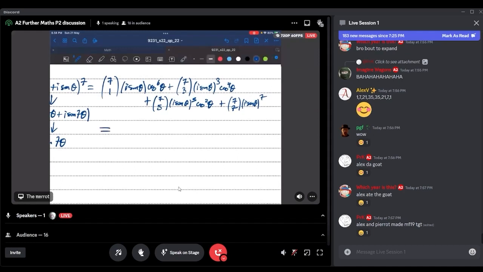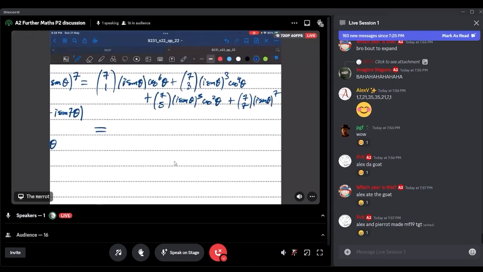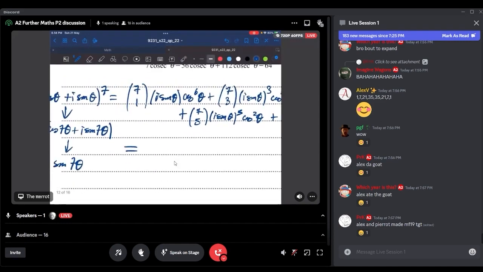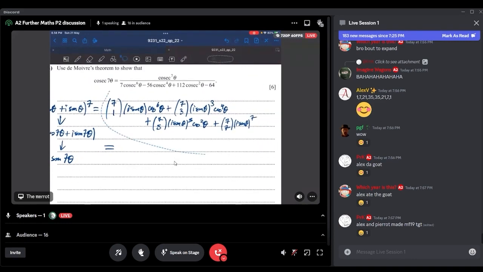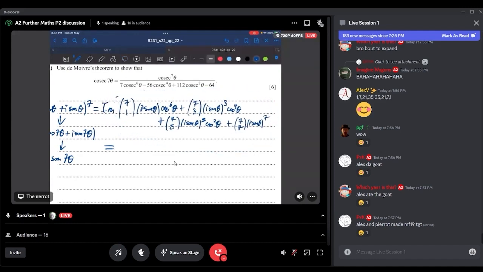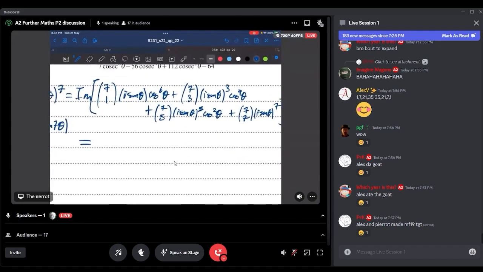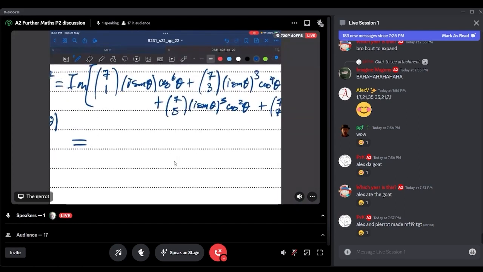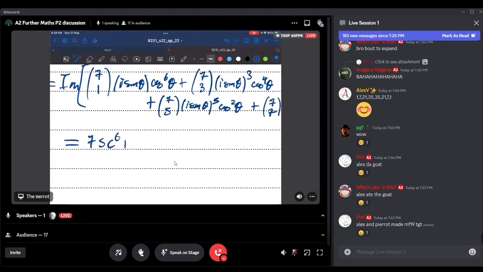And if you simplify this, you should be getting, let's see. Sorry, I should put the imaginary part again. So I don't have to care about the i's anymore now. So that means we have 7 sine cosine power 6, plus 7 choose 3, which looking at Alex's is 35. Actually it's minus because you have i cubed, so that's minus i.